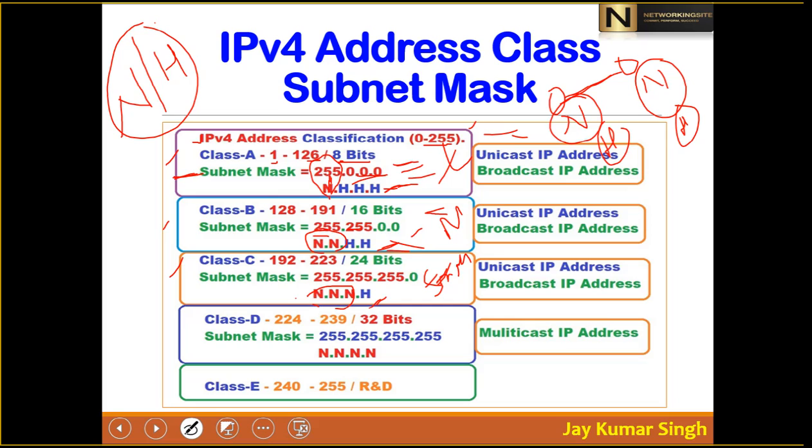Only me and you, right? So that is unicast communication. Now multicast communication is not possible in class A, B and C. Multicast communication means like I say, okay, I want to communicate to 10 people.